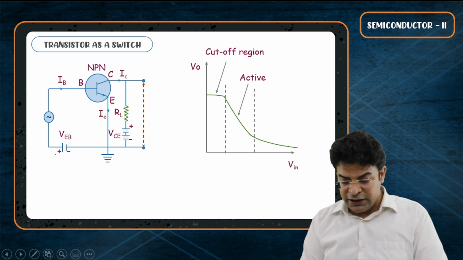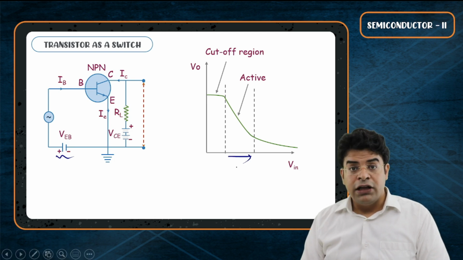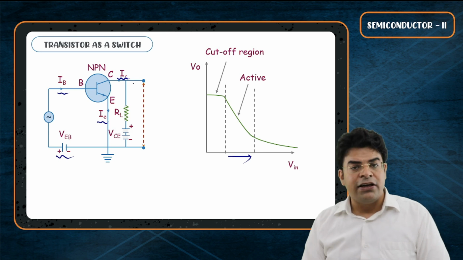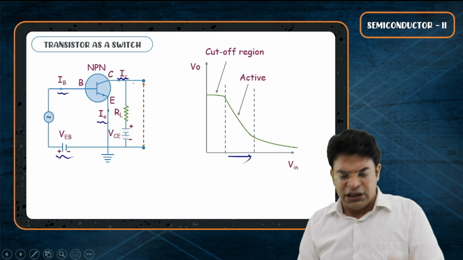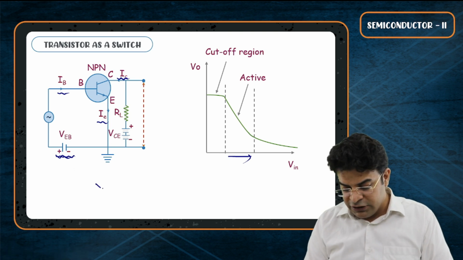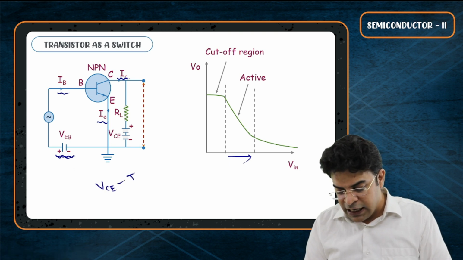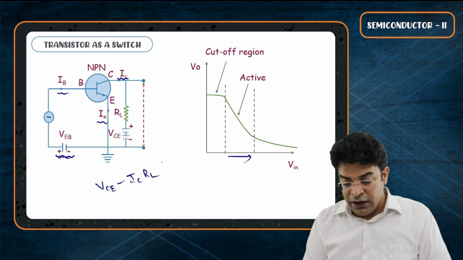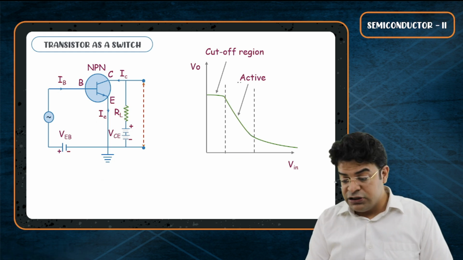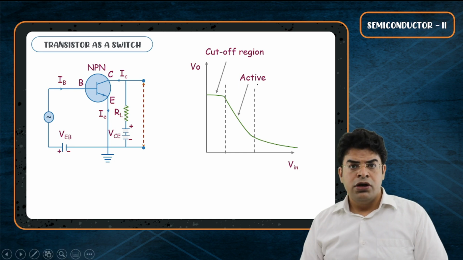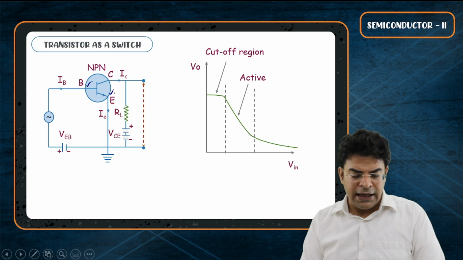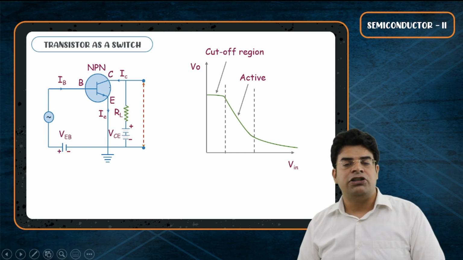As you increase the input voltage, the input current increases, IE increases, IB increases, IC increases, and as IC increases with the increase of VEB, the output potential, which is VCE minus ICRL, decreases nearly linearly. And this region is called the active region. So for the active region, remember that the emitter base junction is forward biased and the base collector junction is reverse biased.